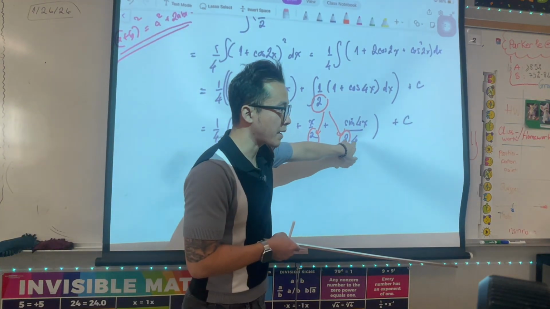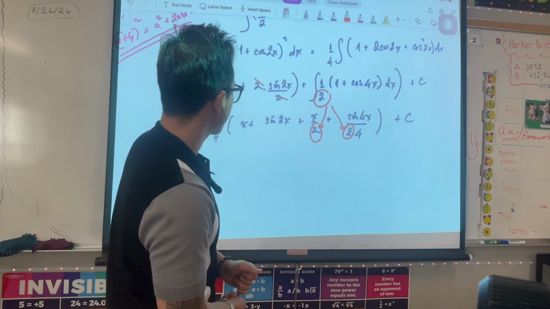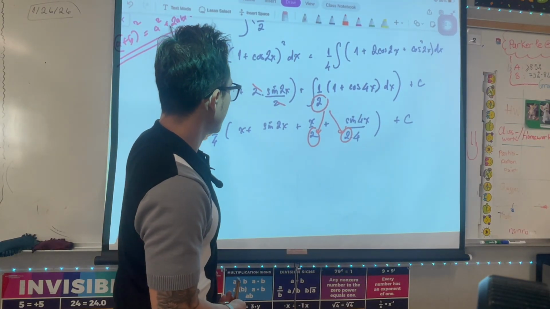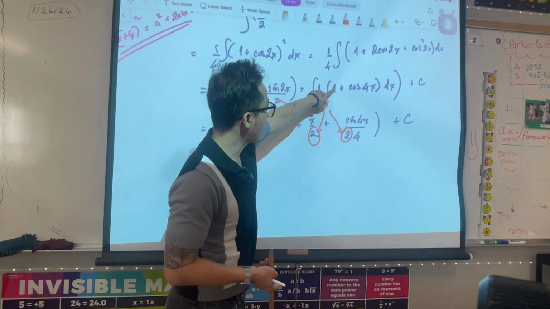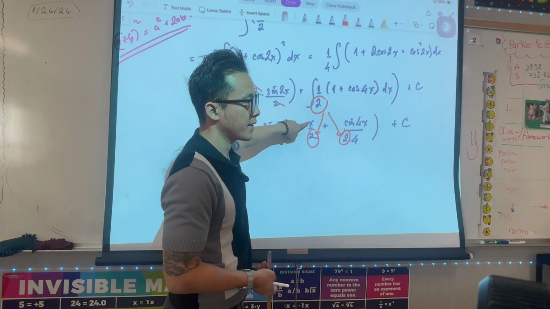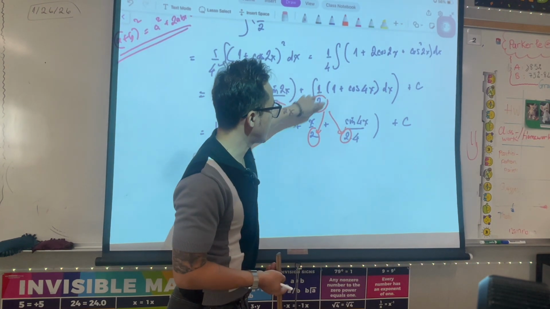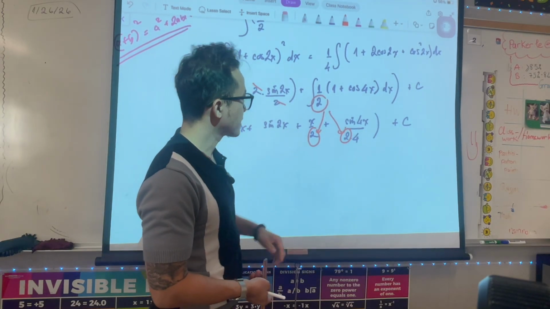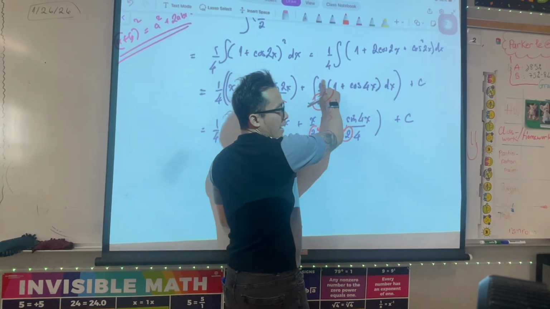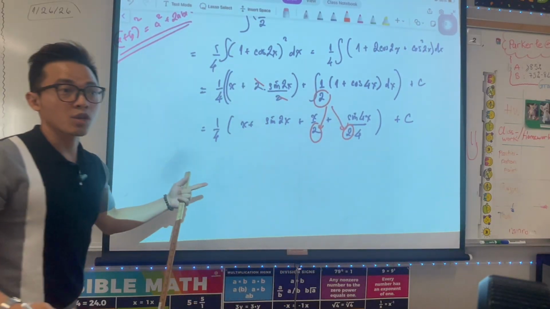This is multiplied, 2 times 4. The integral of 1 is x, right? And you have 1/2 times x. It's x over 2. I just distribute the 1/2 to everything. Okay? Good so far?